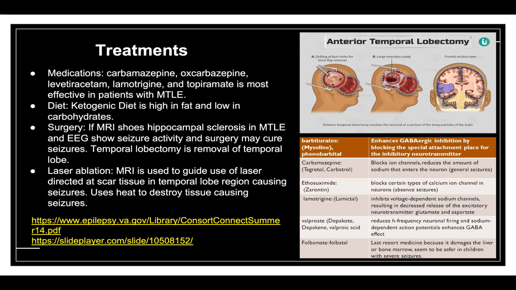A type of diet that they also go by is the ketogenic diet because it's high in fat and low in carbs.